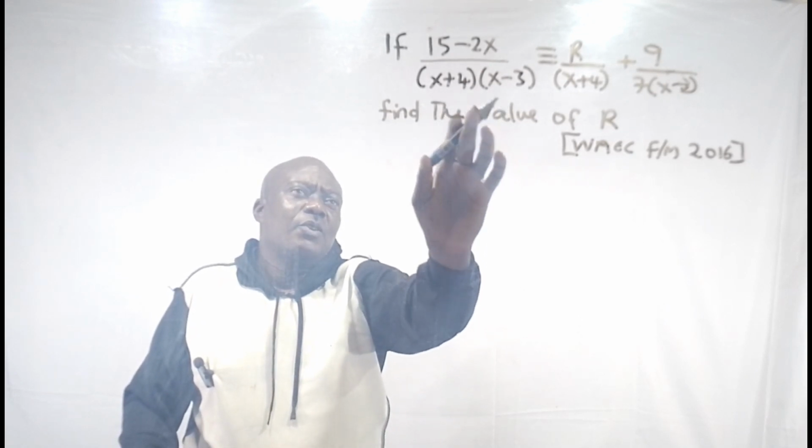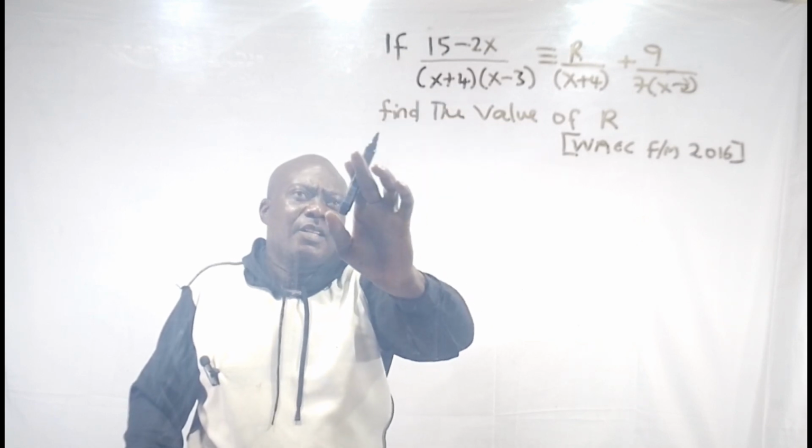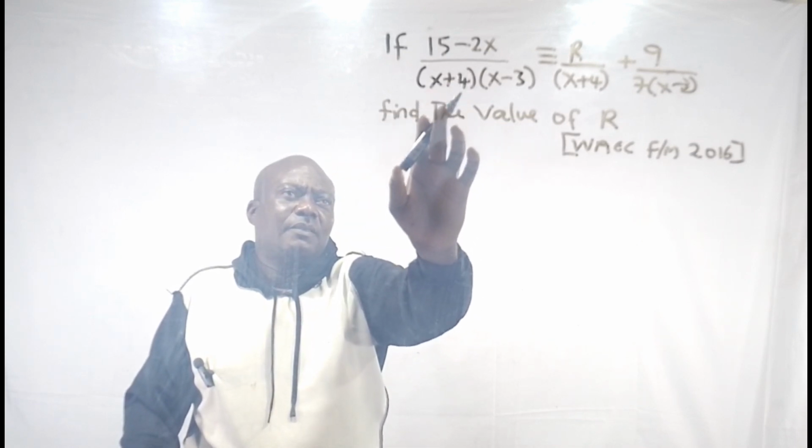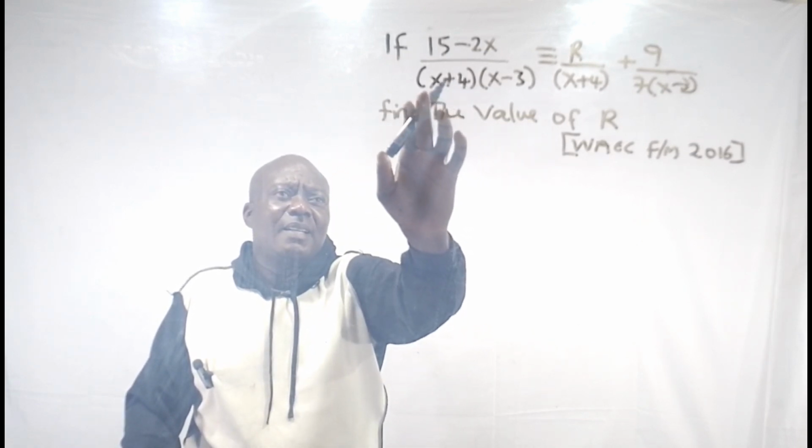That means this one now, we multiply all through by the LCM of this. That means we multiply all through by this.